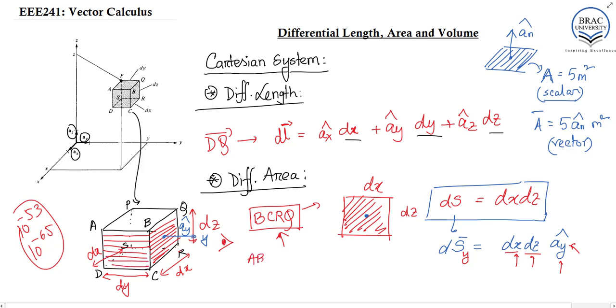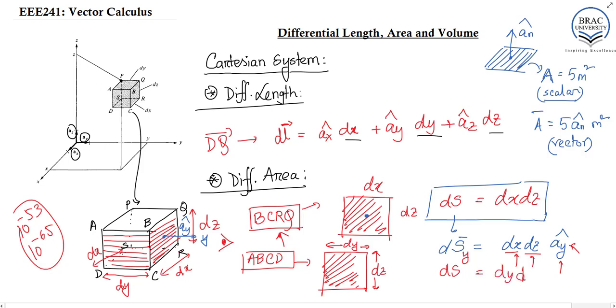Similarly, if we take a look at this surface over here, the ABCD surface, this is comprised of dy and dz, right? So the area of this surface will be dy dz, and the perpendicular direction to this surface is along the x-axis, right?